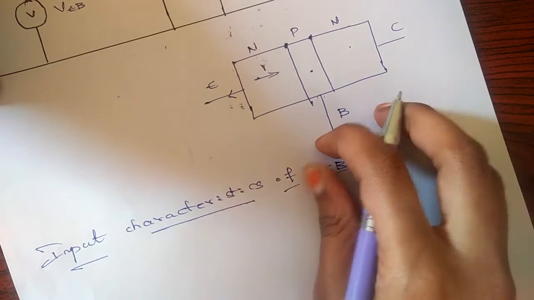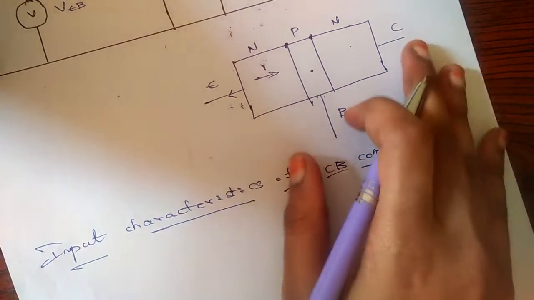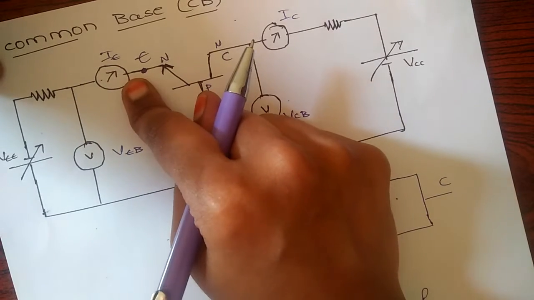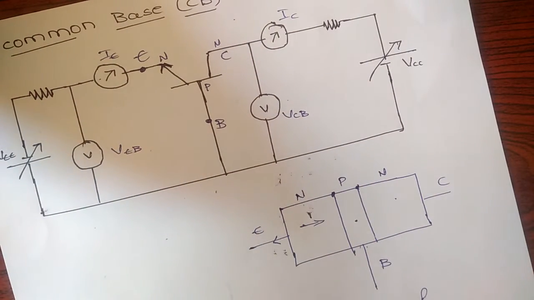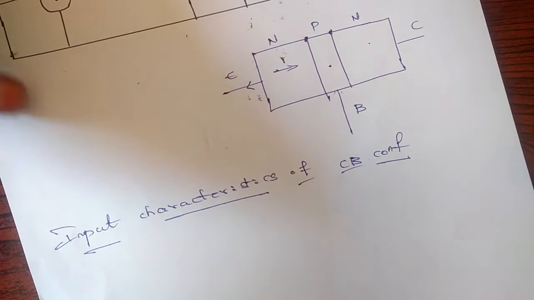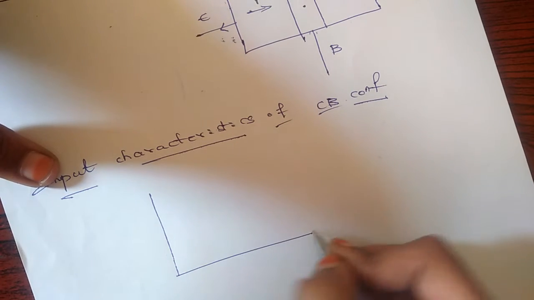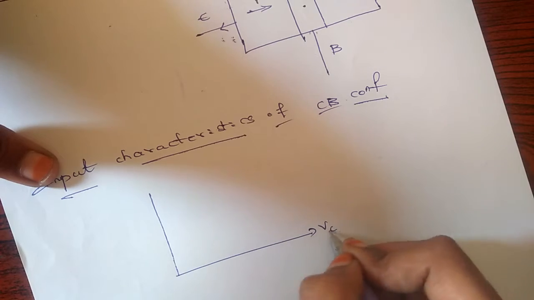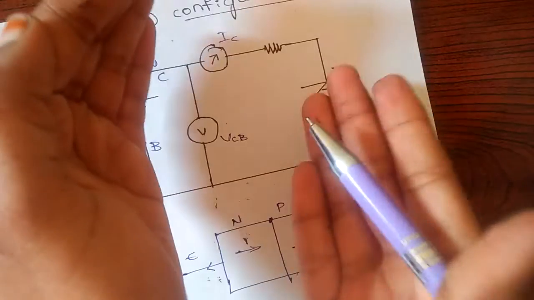Here we take the input characteristics between IE and VCB, where we take VBE on the x-axis and IE on the y-axis.